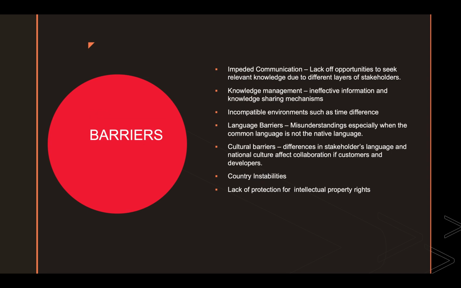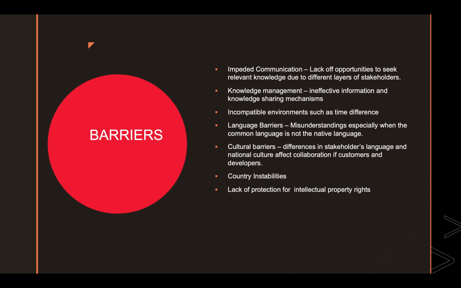Some of the barriers in global requirements engineering include impeded communication. This is brought about by language barriers and lack of opportunities to seek relevant knowledge due to different layers of stakeholders.